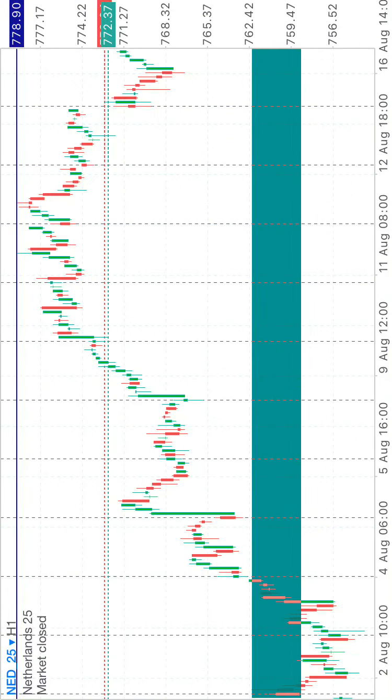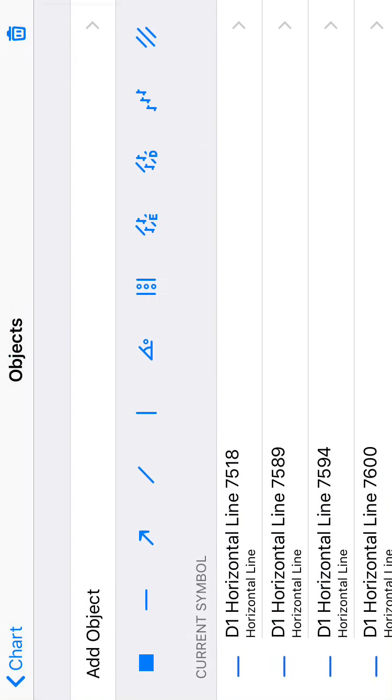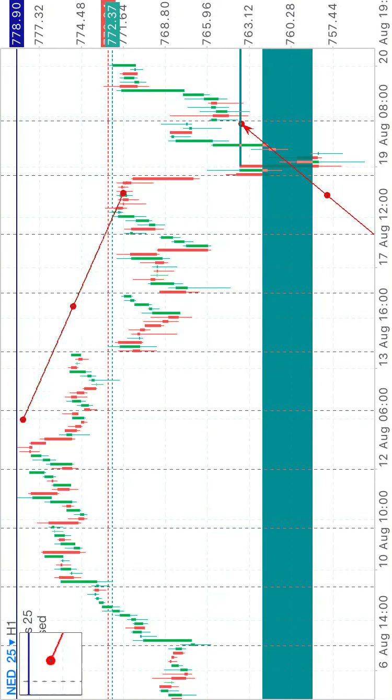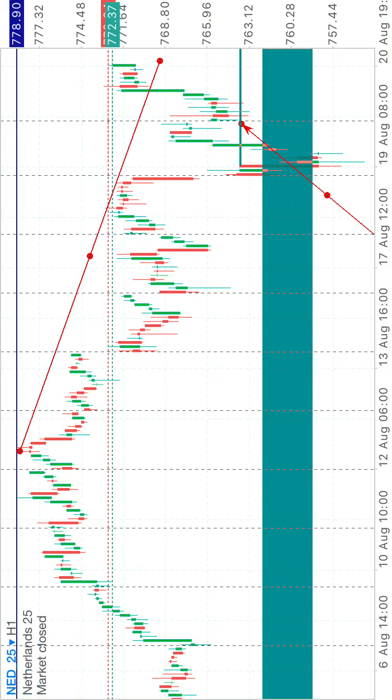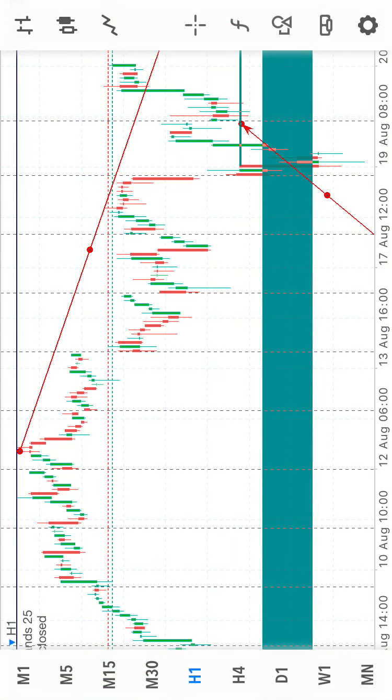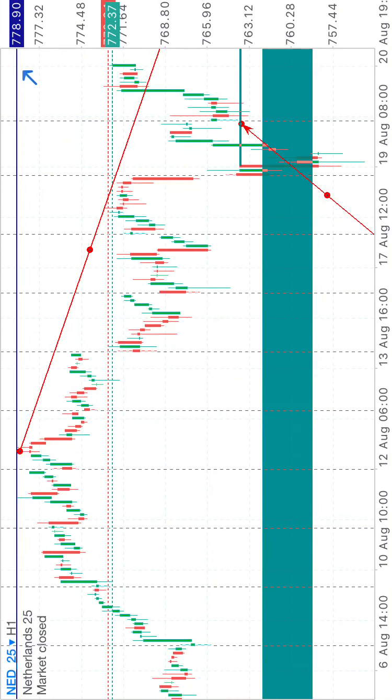So moving to H1, I can also draw my trend line over here. Prices have just broken above that trend line. This arrowed candle is the one that broke above that trend line.